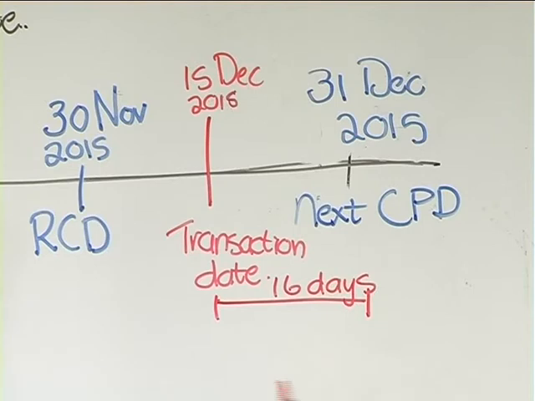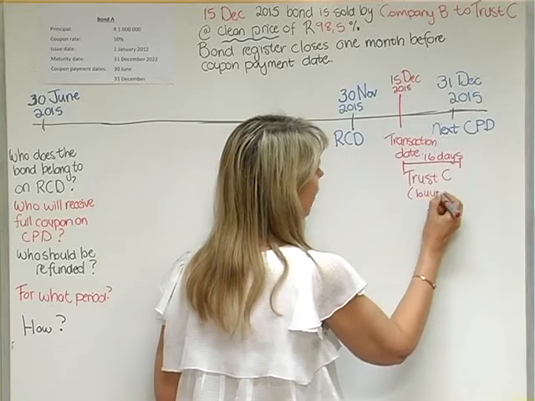So those 16 days of this coupon period are going to belong to Trust C, which is the buyer.